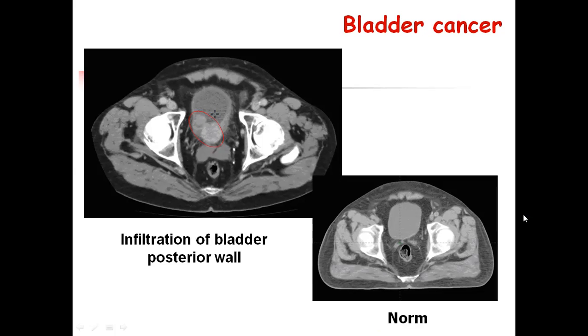Example of bladder cancer on CT scan here: normal urinary bladder with thin and regular smooth walls, and on the contrary, bladder cancer presents infiltration of the posterior and right bladder wall by tumor with irregular contours and multinodal tumor.